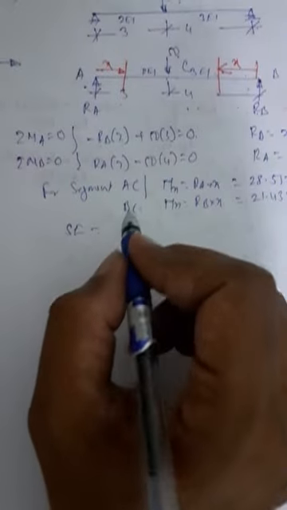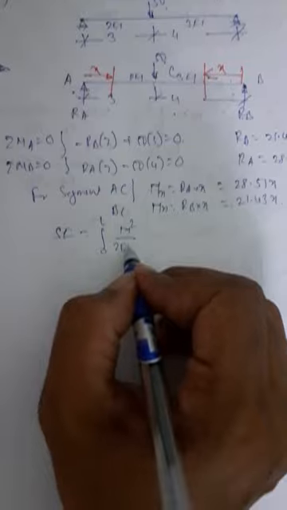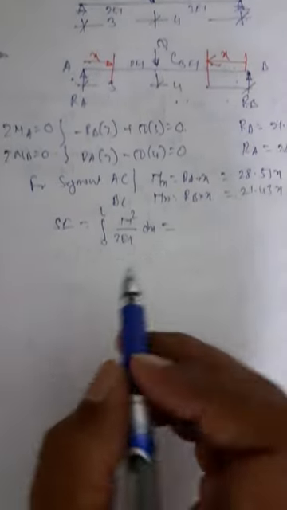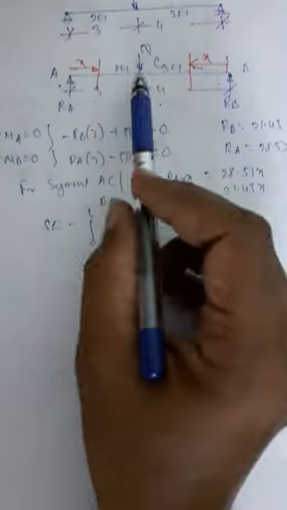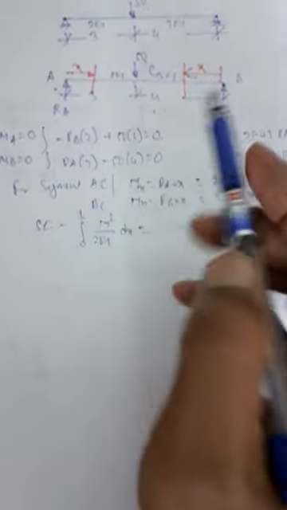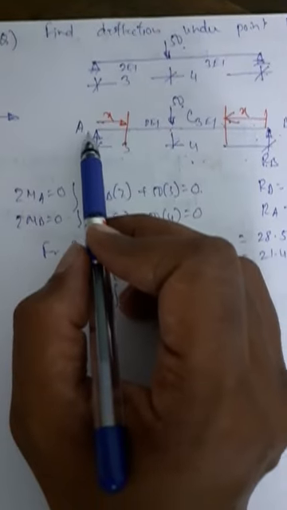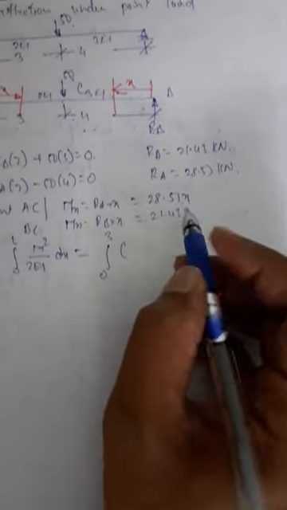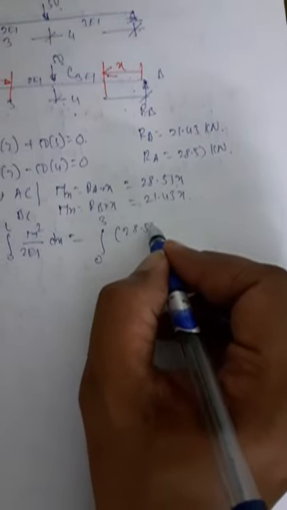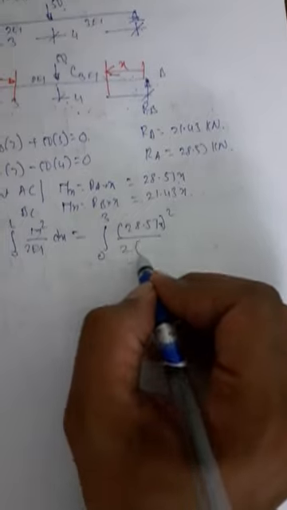Now strain energy is given by the equation: strain energy is equal to integration of 0 to L, M square by 2 EI dx. This is for the whole beam. Now I am going to add for AC and BC both together. For AC the limits are 0 to 3. Mx is 28.57 into x, bracket square, divided by 2 into EI.